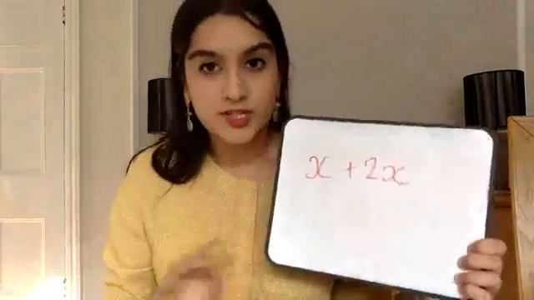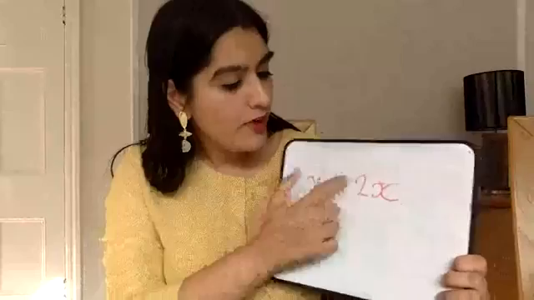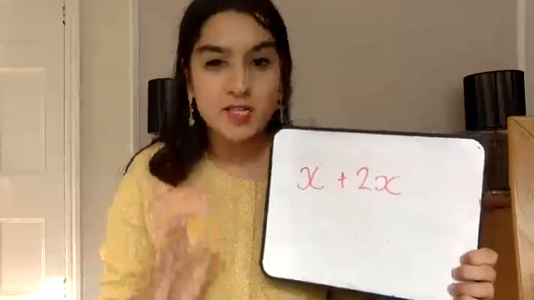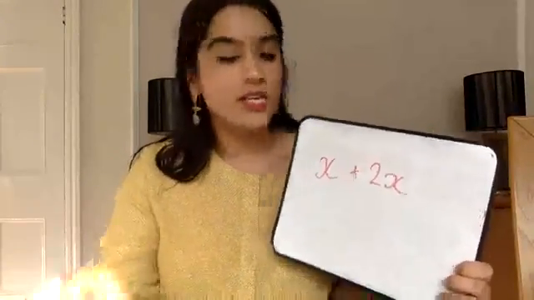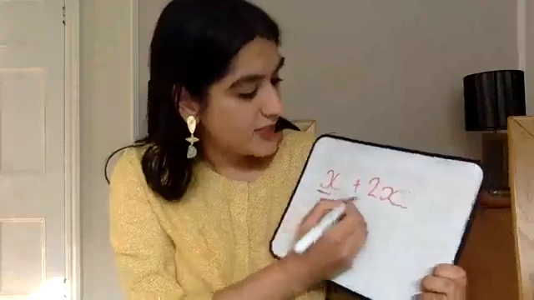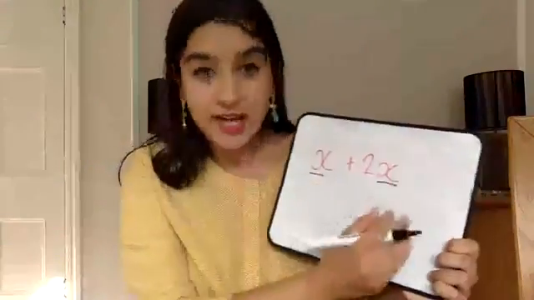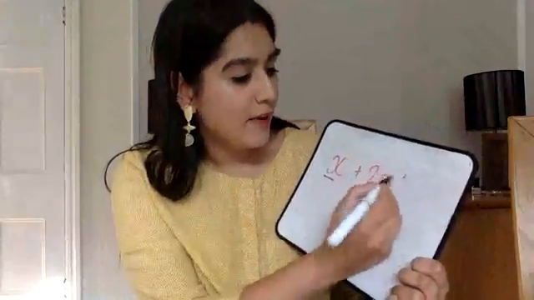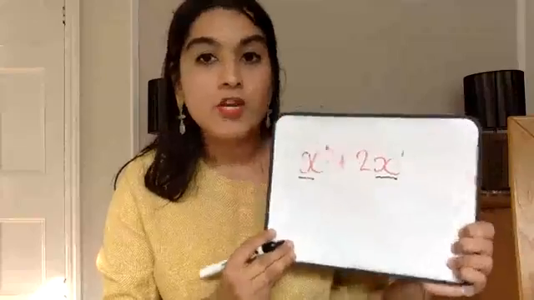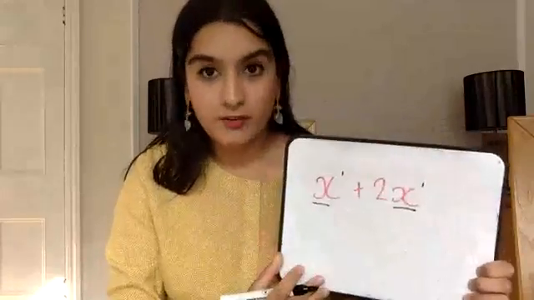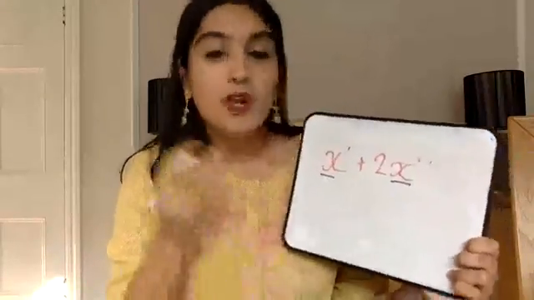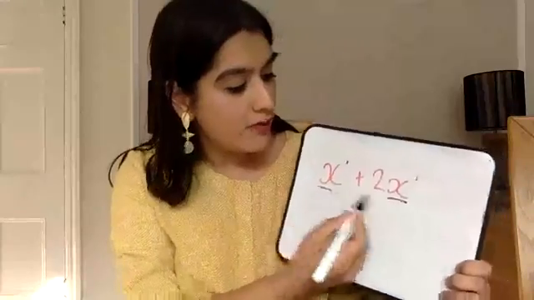The two conditions are as follows. Whether there are numbers in front of x doesn't really matter. What matters is that when you have the same variable, so they're both x, and the same power, then you have two like terms, okay? So like terms are the same variable, meaning x.